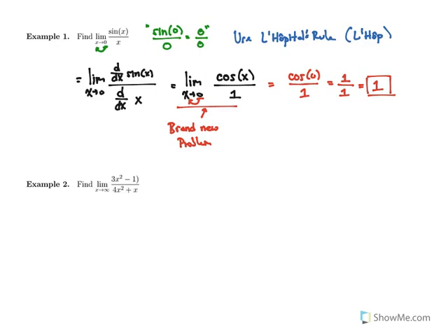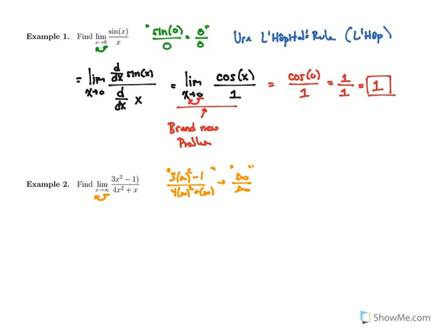So let's think about, first of all, quote unquote, plugging in infinity for x. If we do that, we have 3 infinity squared minus 1 over 4 infinity squared plus infinity. And that's going to just go to infinity over infinity. The top gets really big, the bottom gets really big.